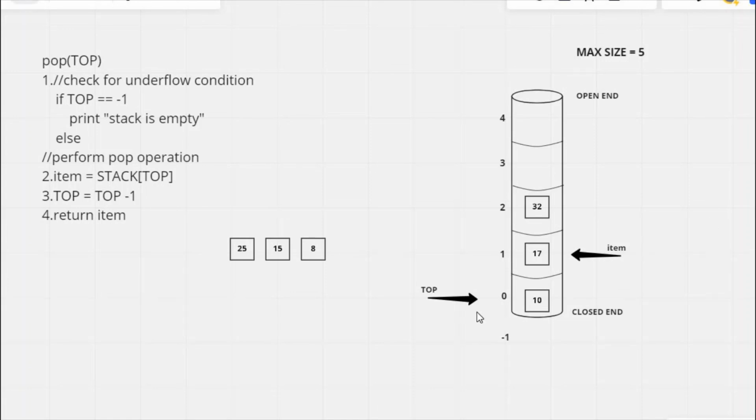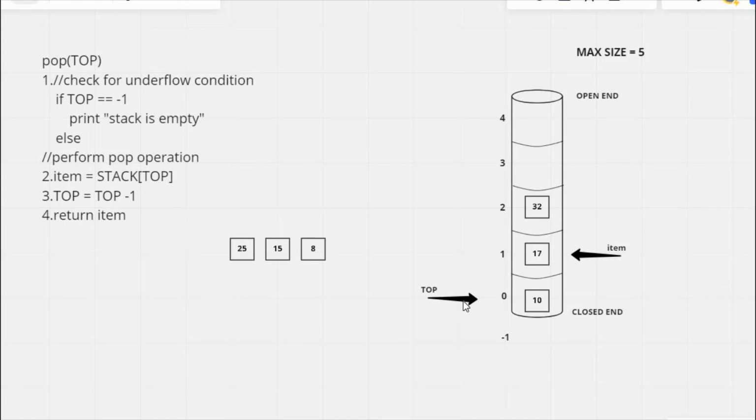Now, you might have a question: we are not exactly deleting all these values from the stack. We are only decrementing the top value. The values are still present in the stack. How can you call this a pop operation? The thing that you need to understand is that whether you are using a stack or not using a stack, some garbage value will always be present in all these memory locations.